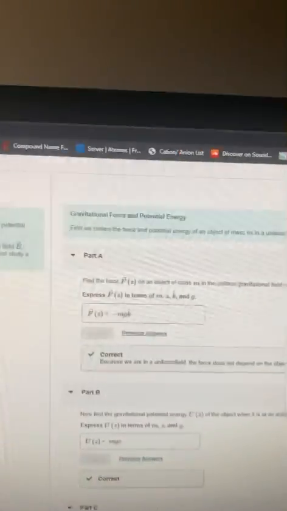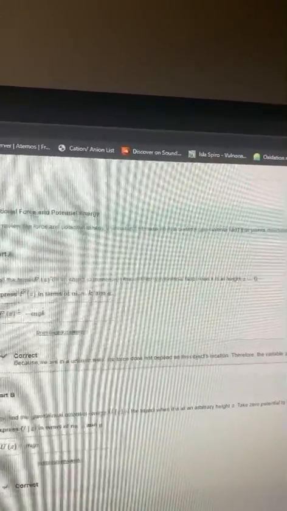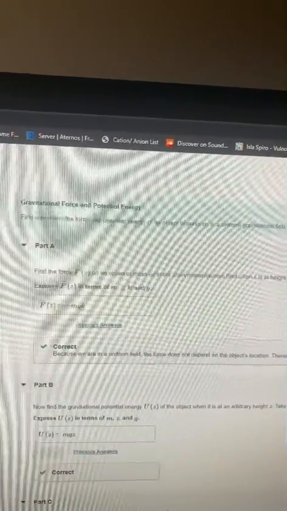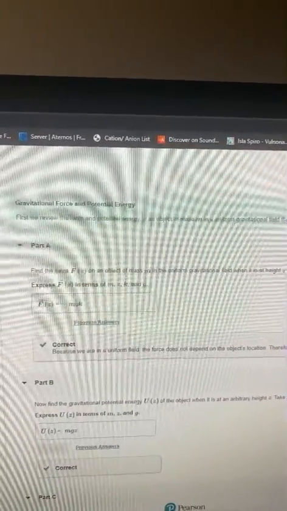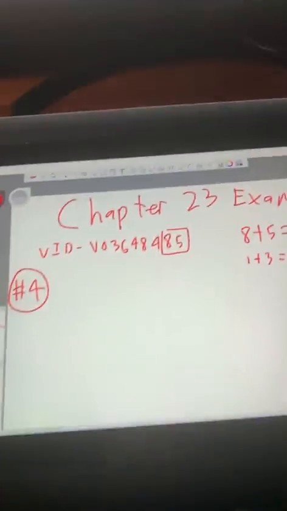So, for part A, it asks us, find the force Fz on the object of mass m in the uniform gravitational field when it is at height 0. And we have to express this in terms of m, z, k, and or g.